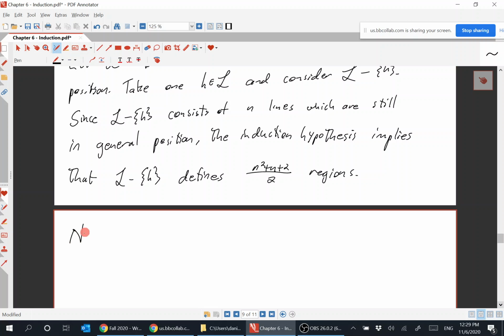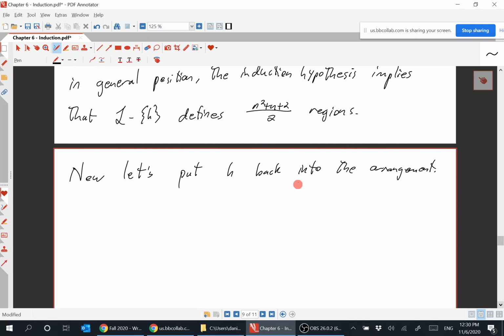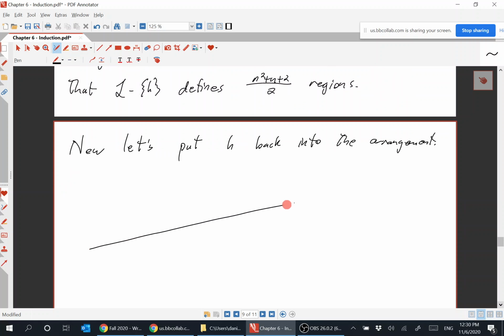Okay, now let's put H back into the arrangement. So there's H. Now, of the other n lines, H is the n plus first line.